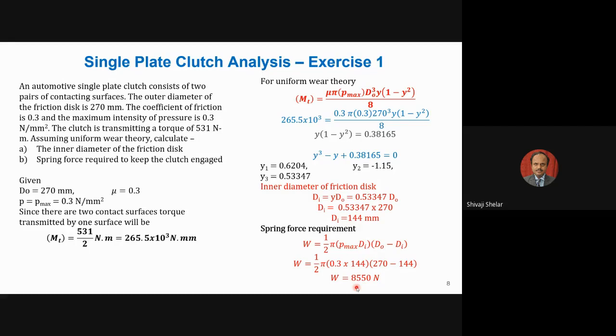If I press a button by finger, I can apply a force of around 0.5 kgf to a maximum of 2 or 3 kgf. So your control devices will be designed such that you can apply the appropriate force, and that force will be magnified to meet the spring force requirement. Spring force is 8550 Newton, so you should apply at least 9000 Newton so that the disengagement can happen.